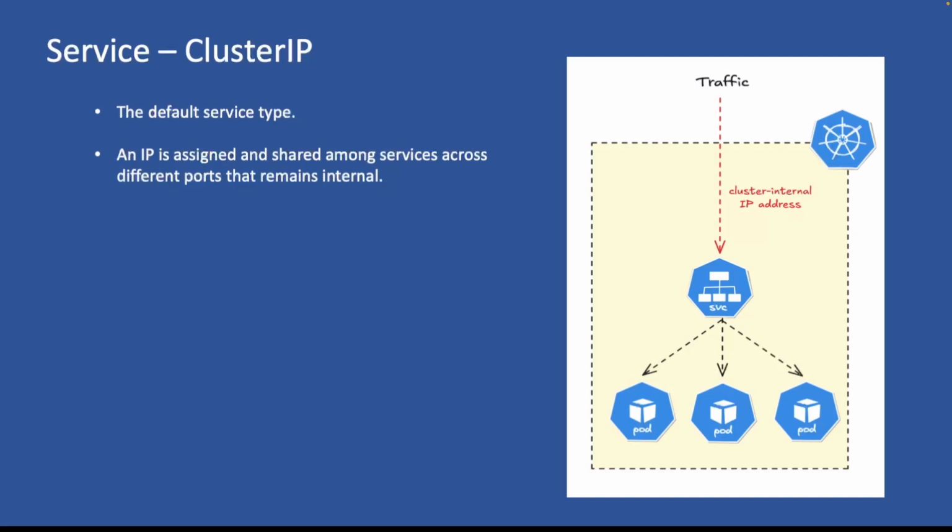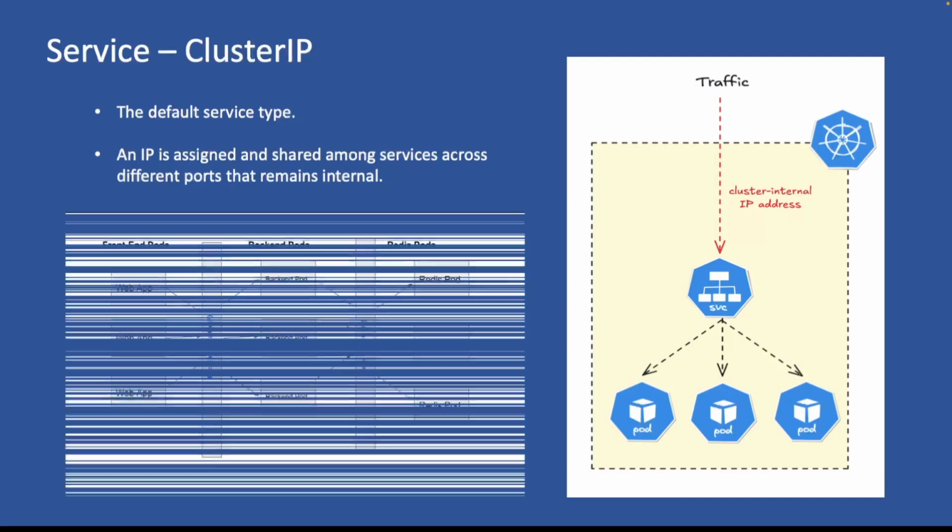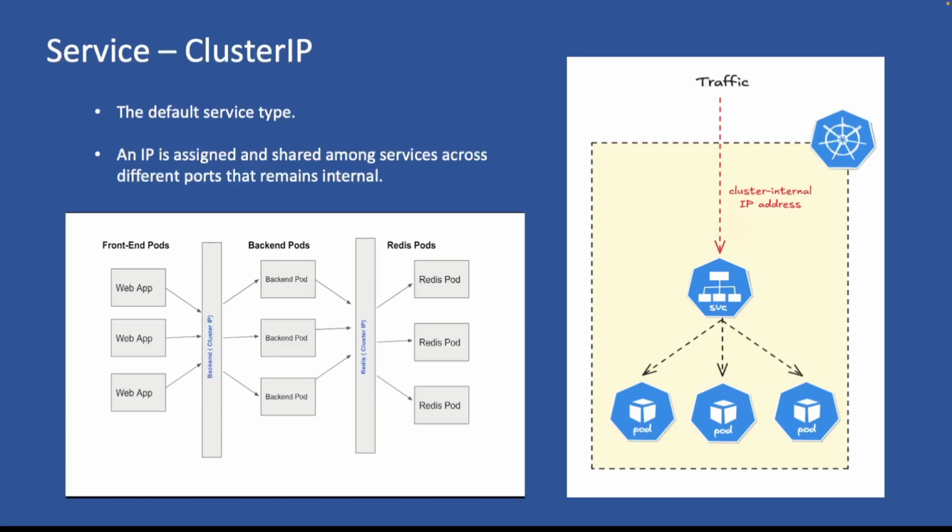A typical example of why we need this kind of service that we are not exposing: imagine a typical scenario where you have a set of front-end pods, back-end pods, and a database or Redis pods. With ClusterIP, if the web app needs to interact with the backend, or the backend needs to interact with the database or the Redis pod, they will directly access the specific service that we create.